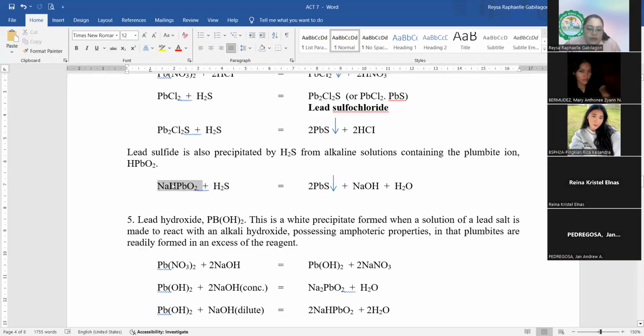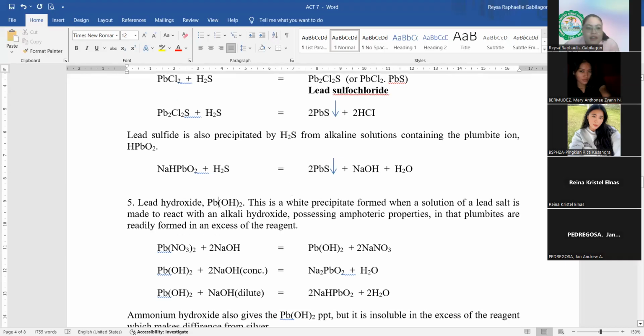Ito, the sodium plumbite. Tapos, ipareact mo siya sa hydrogen sulfide, you will still get the lead sulfide. So, this is the third na way on how to get the lead sulfide in the laboratory. Okay, maraming process si lead sulfide.